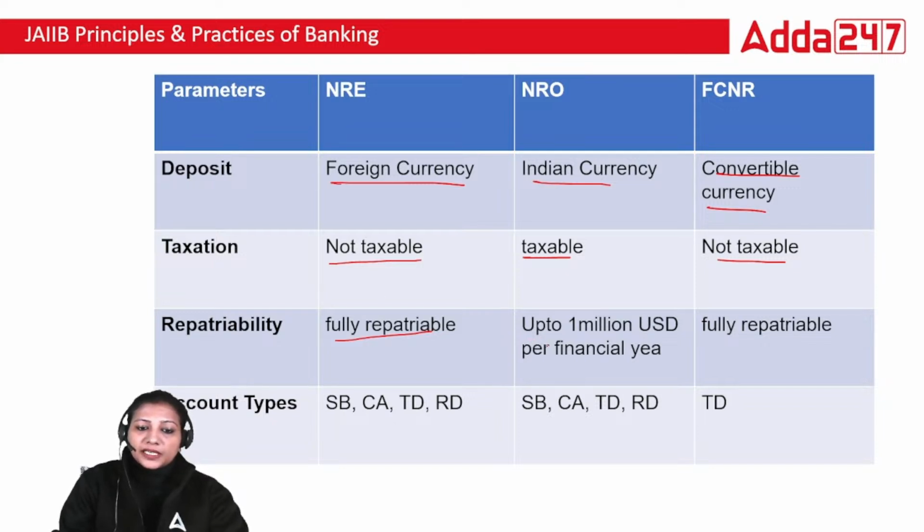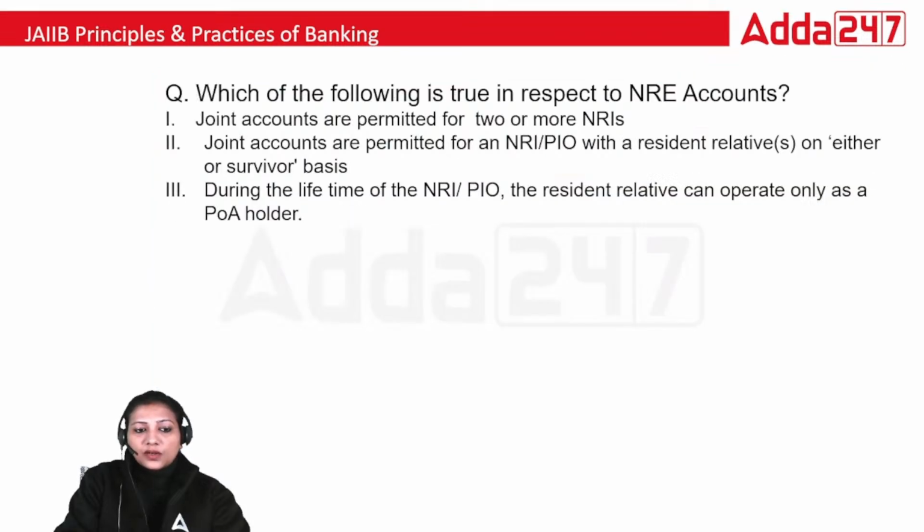But in case of NRO, there is a limit of up to 1 million USD per financial year. And FCNRB can also be fully repatriable. Account type: in case of NRE, it is savings, current, TD and RD. NRO: savings, current account, TD and RD. And FCNRB: only TDs are allowed, even RD is not allowed.